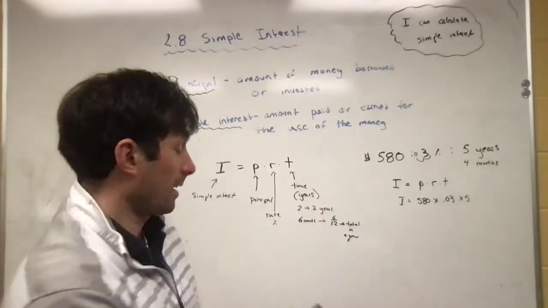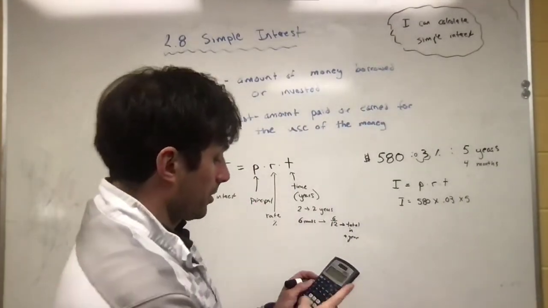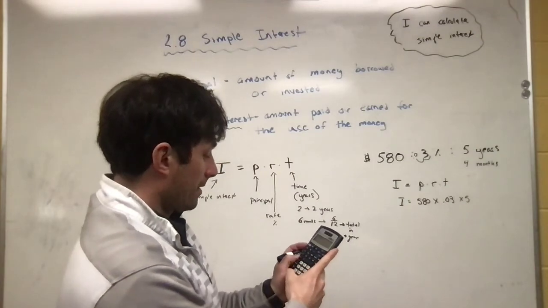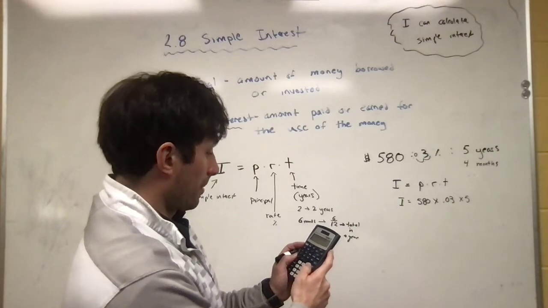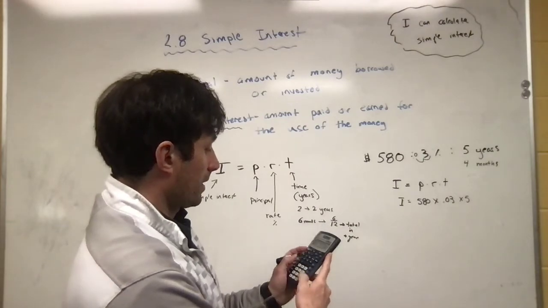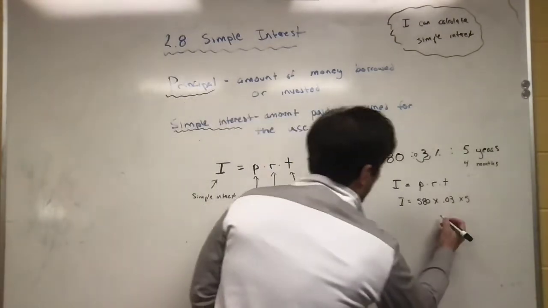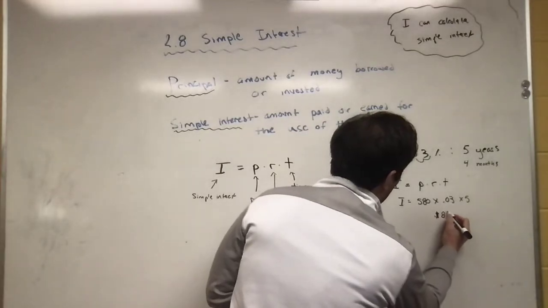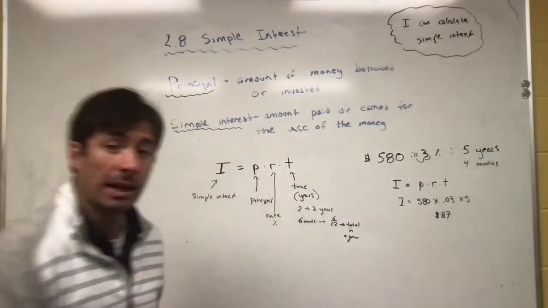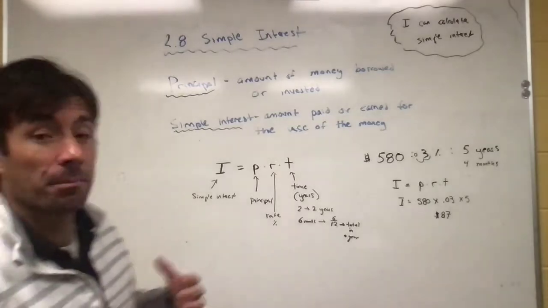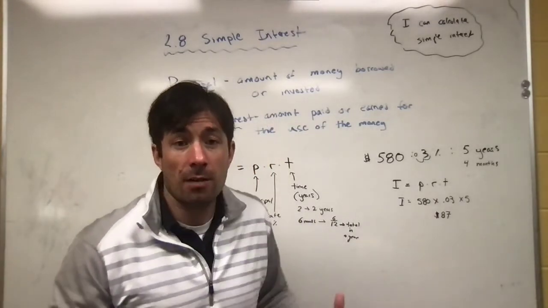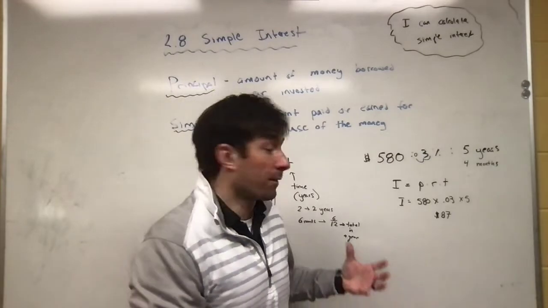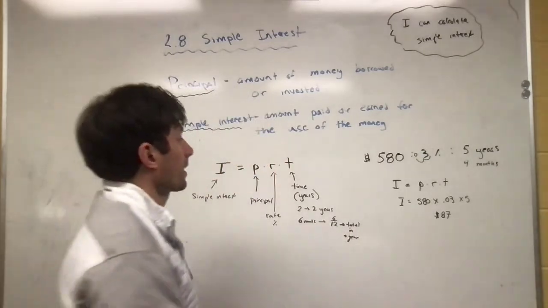I'll enter that into my calculator. I'm going to do 580 times 0.03 times 5. And I'm going to get $87. And what this means is that over the life of the 5-year loan, at the completion of this, I will have earned $87. That's how much money I'm going to get for what I did here.